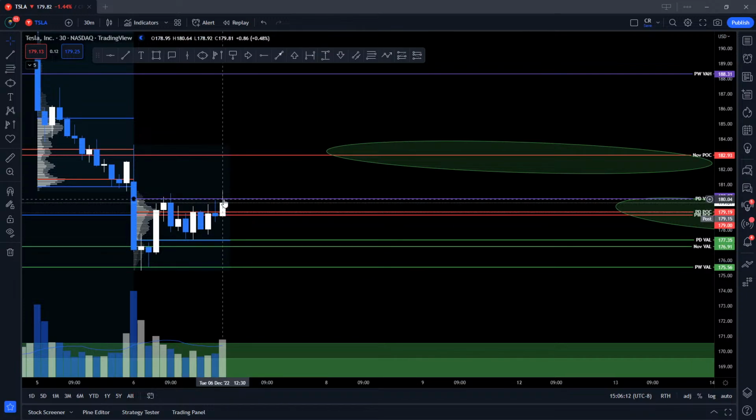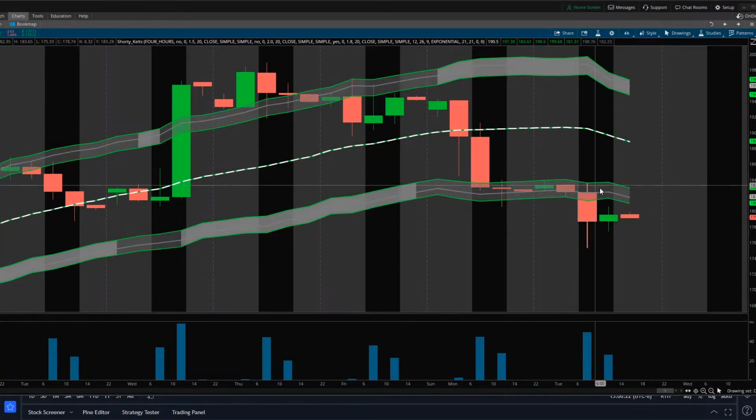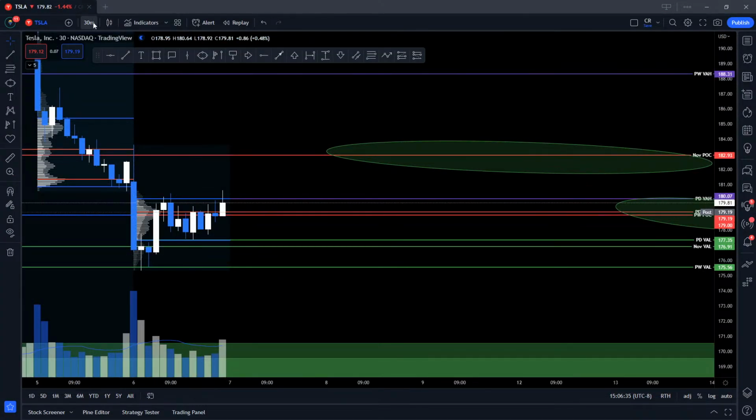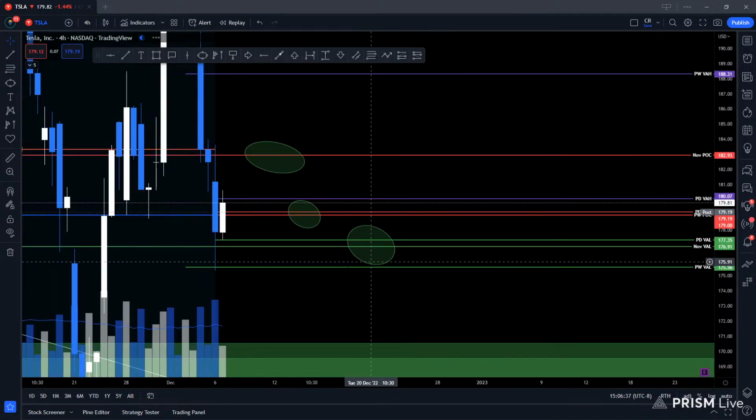Shoot, this might be the retest. Or no, sorry, it's not, because this is going to be the initial touch on the cloud, right? Switch to 4-hour candles.